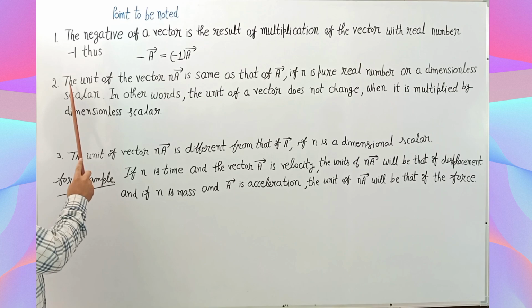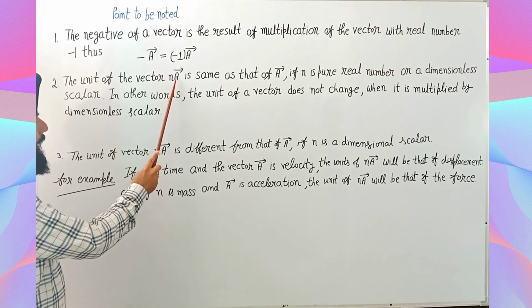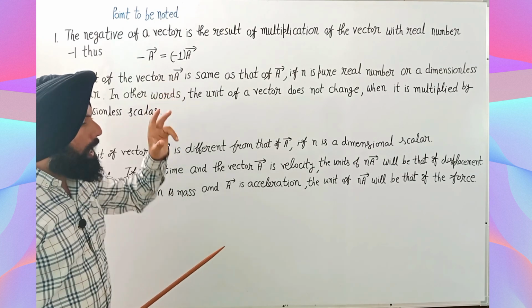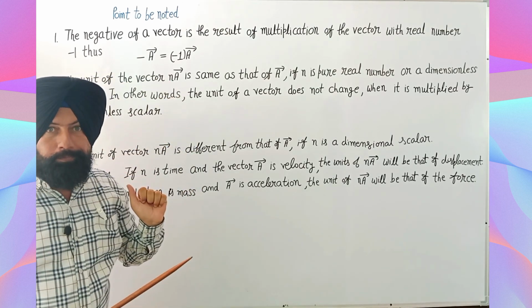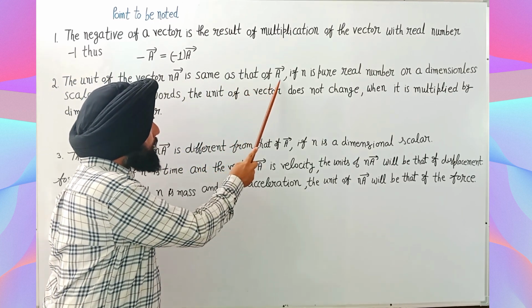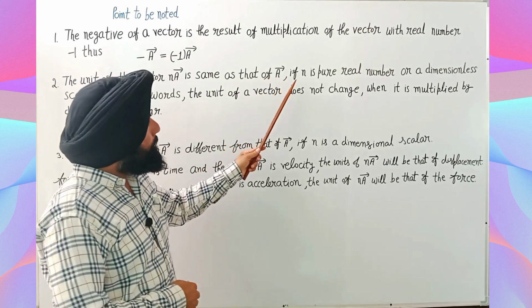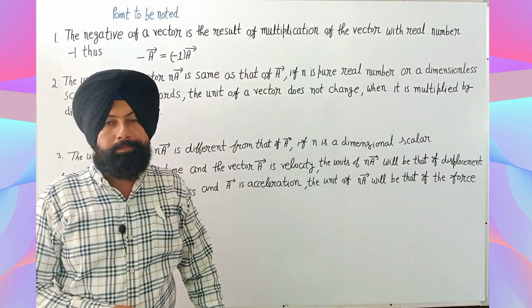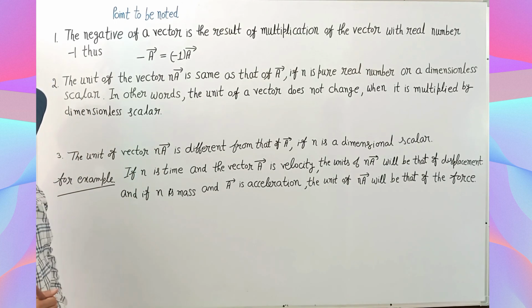Second point, the unit of the vector nA, here vector A multiplied by some quantity n, is the same as that of vector A if n is a pure real number or a dimensionless scalar.